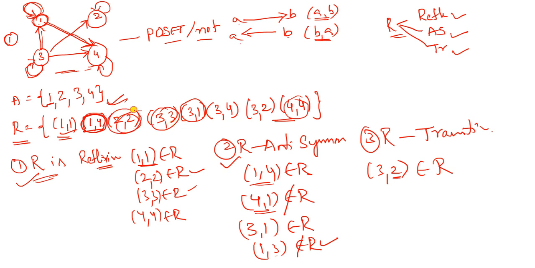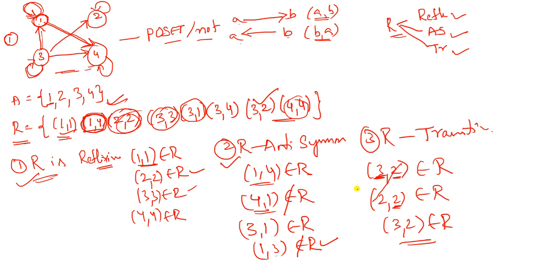Yes, (2,2) is there, which belongs to R. So cancel these 2s. The element A here is 3 and C is 2. So (3,2), yes, (3,2) belongs to R. (3,2) is there. So R is a transitive relation. Not only this, take another element, (1,4) or (4,4).